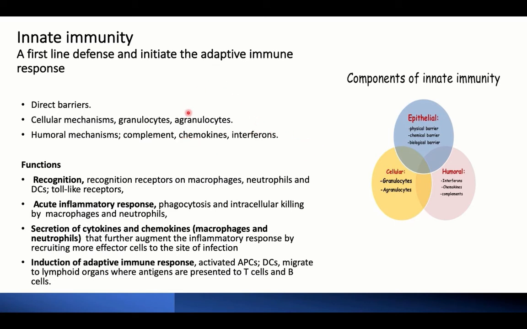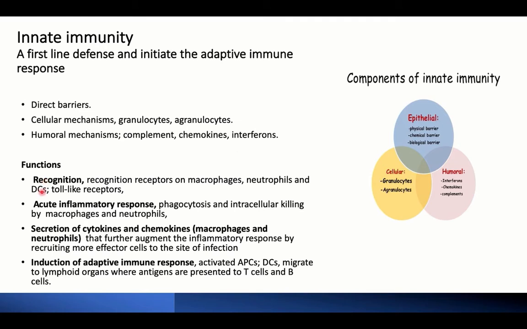So these are the components of innate immunity, the first line defense that will initiate adaptive immune response on re-exposure. These include direct barriers, cellular mechanisms performed by granulocytes and agranulocytes, and humoral mechanisms composed of complement system, chemokines, and interferons.